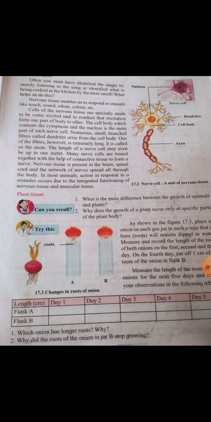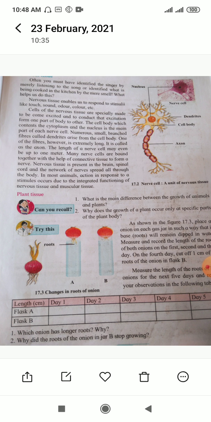Branched fibers called dendrites arise from the cell body. One of the fibers is extremely long and is called the axon. The length of a nerve cell may be about 1 meter. See, this is the longest cell of the body.